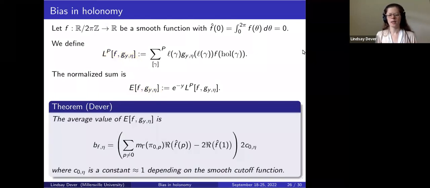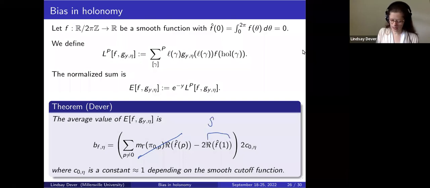Okay, so I was able to prove what the average value of this sum is. And it might look a little scary. It has all of this spectral information that we didn't talk about yet. But in the typical case, where this would be 0, we have that this bias is entirely controlled by this, which is equal to 1 over 2 pi times the integral from 0 to 2 pi of f of theta cosine theta d theta.